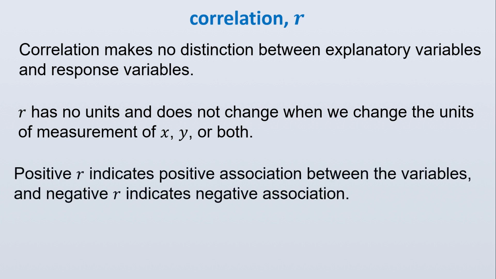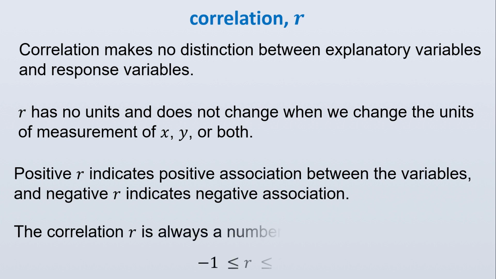Positive r indicates positive association between the variables and negative r indicates negative association. The correlation r is always a number between negative 1 and positive 1. r can take any value between negative 1 and positive 1, including negative 1 and positive 1.